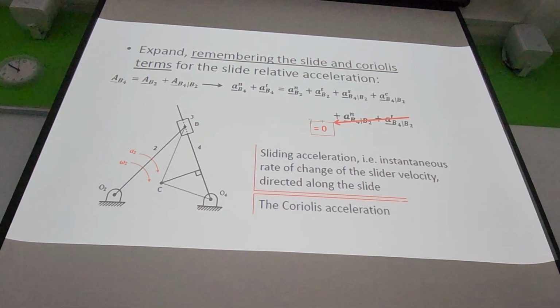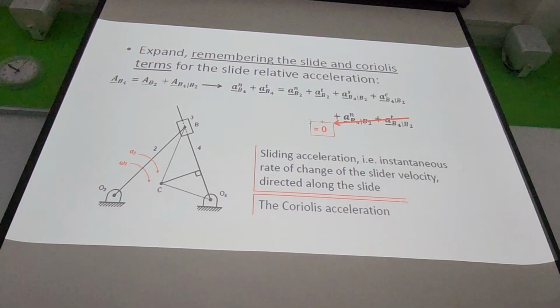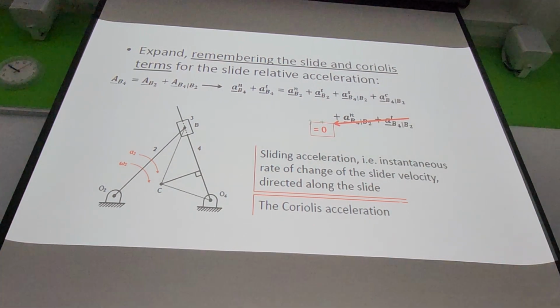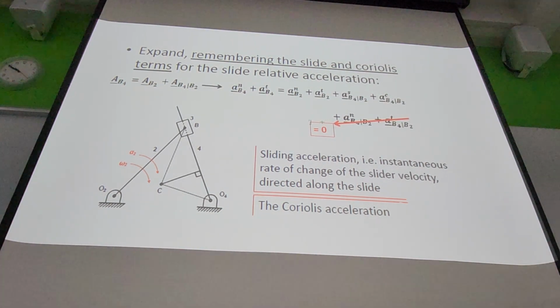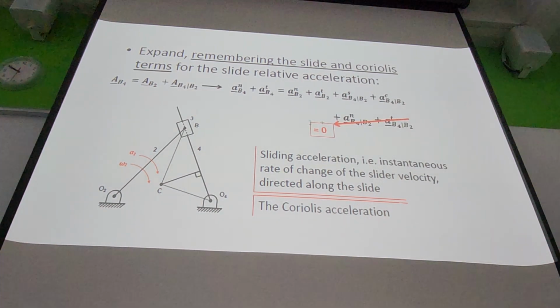In this case, we link point B on link 4 with point B on link 2, then the relative acceleration. Just like the relative accelerations, because the point B is located on link 2 and link 4, we write the relative acceleration equation like this. Now we add the components: the normal and tangential components for B4, then for B2.